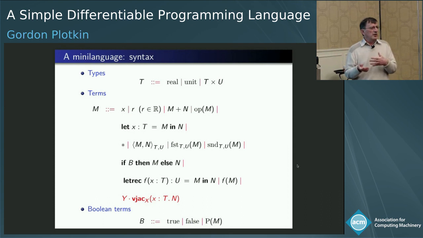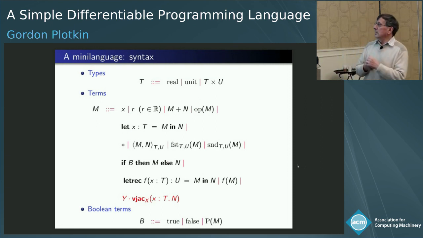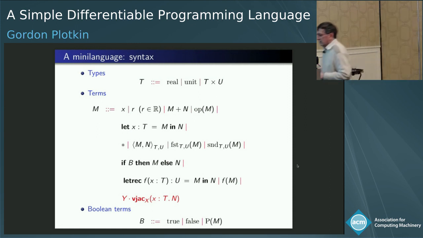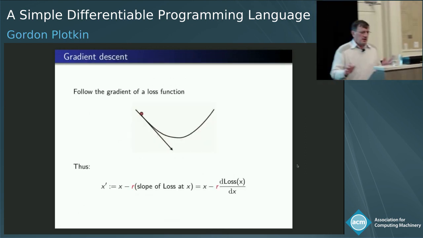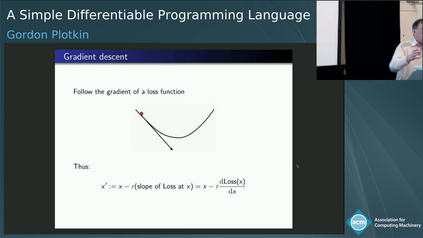But the reverse differential is nothing more than the function you get by using the vector Jacobian as a function, applying it to vectors. Okay, so I won't explain yet what all these bits and pieces are, but it'll come out when we get to it.